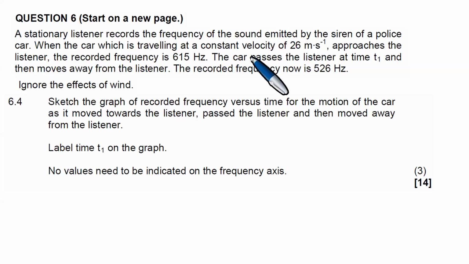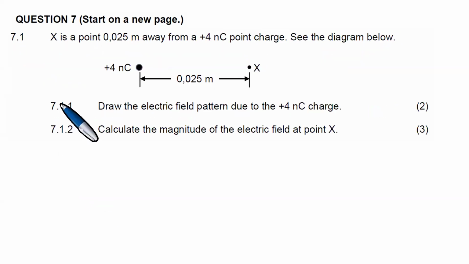Okay, good. Right, so now, X is the point 0.025 meters away from the 4 nanocoulomb point charge. See the diagram below. Draw the electric field pattern due to the plus 4 nanocoulomb charge.